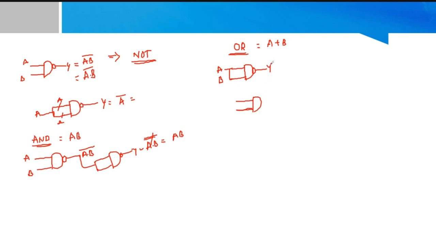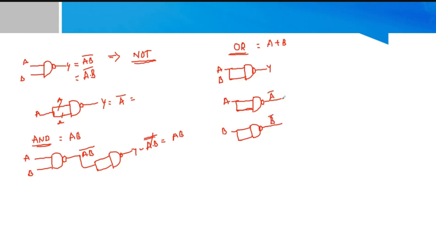With just one or two NAND gates, you won't be able to implement the OR gate. Why? Because we need both A and B, right? So for that, make use of one NAND gate for one input. Short both the input lines here. This will be A. Use another for B. These both will be shorted and this will be B. So here the output will be A bar, and the other will be B bar.